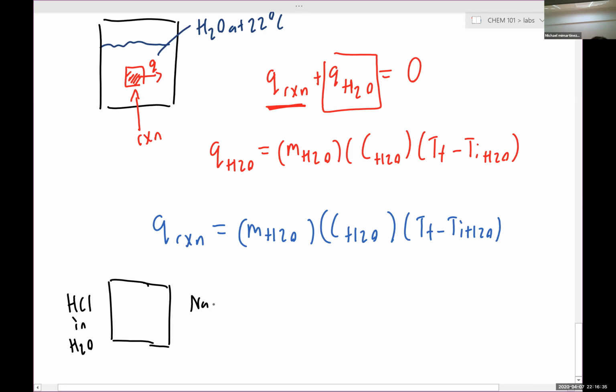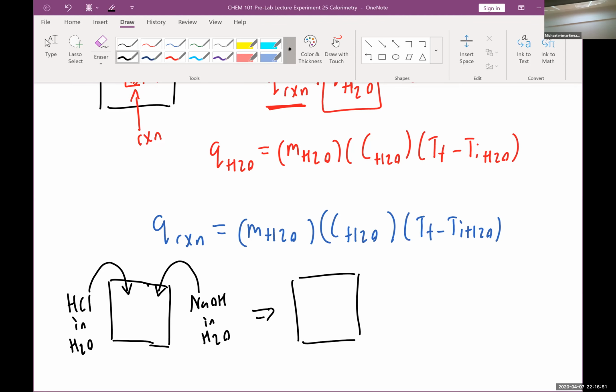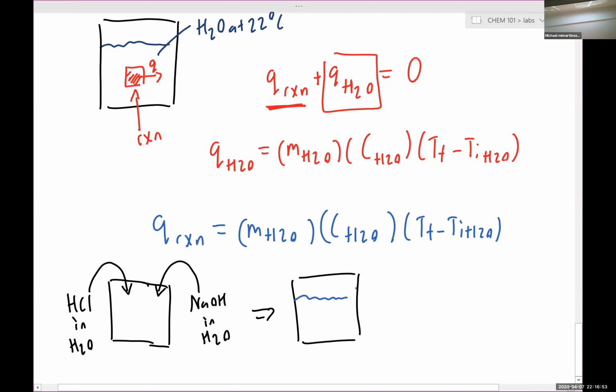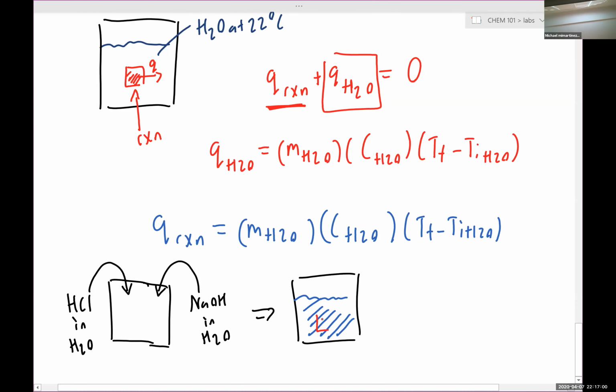We have our sodium hydroxide in water. And we are going to combine our two solutions together. So at the end of this process, we are going to have a mixture of our two solutions. And our two solutions are going to react and generate heat.